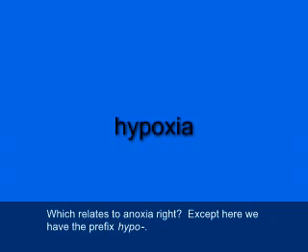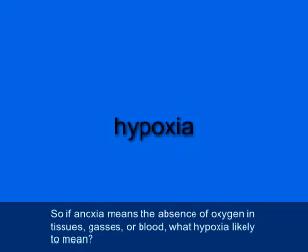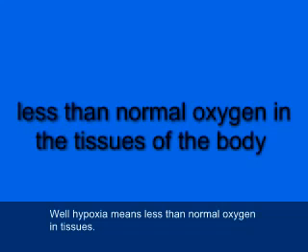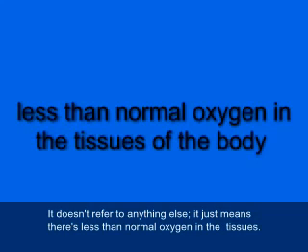Except here we have the prefix hypo. So if anoxia means the absence of oxygen in tissues, gases, or blood, what is hypoxia likely to mean? Well, hypoxia means less than normal oxygen in tissues. Doesn't refer to anything else. It just means there's less than normal oxygen in tissues.